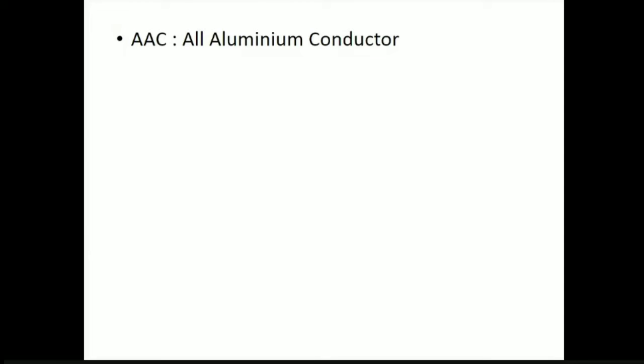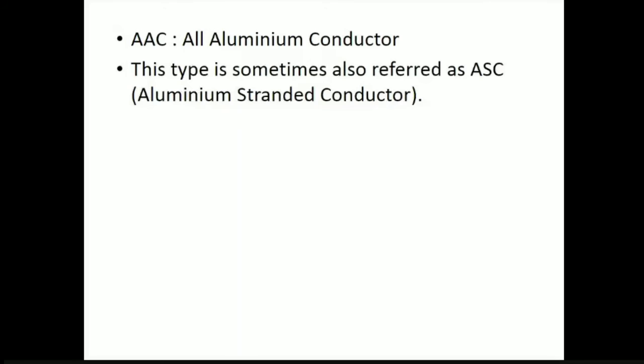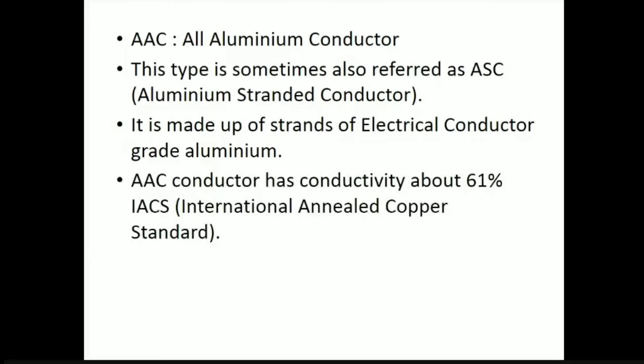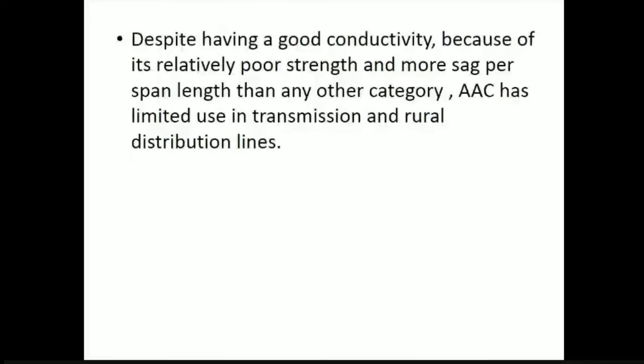Then some other types are AAC, all aluminum conductor. This type is sometimes also referred to as ASC, aluminum stranded conductor. It is made up of strands of electrical conductor grade aluminum. AAC conductor has conductivity above 61% of the International Annealed Copper Standard.